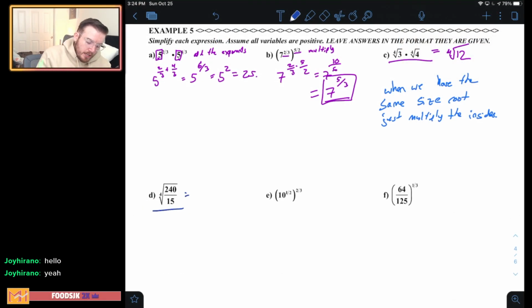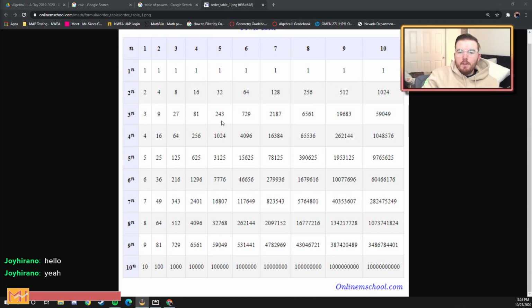So actually, this is the 4th root of 16. And what's the 4th root of 16? 2. And if you don't remember that, I can show you on the table here. The 4th root of 16 is 2.